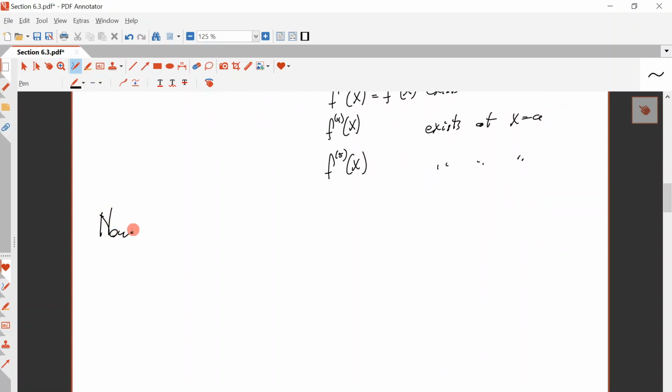Now, suppose that f of x has a power series representation, the sum of a n x to the n.